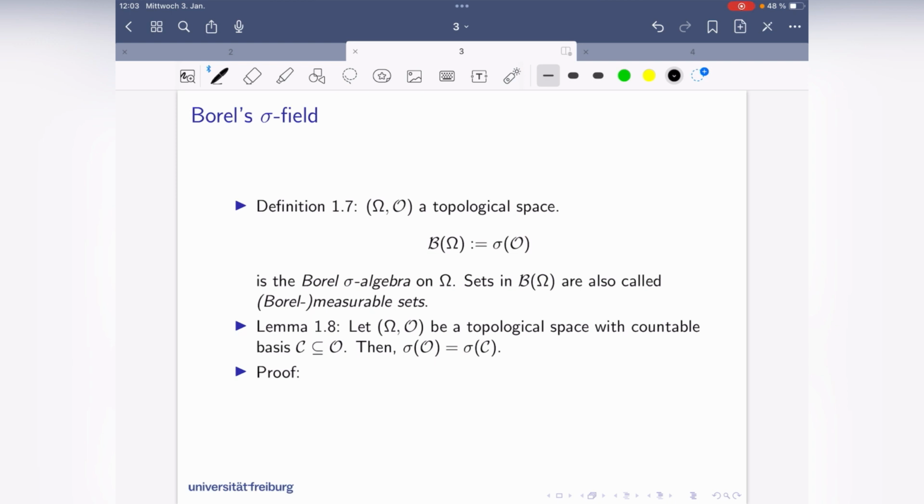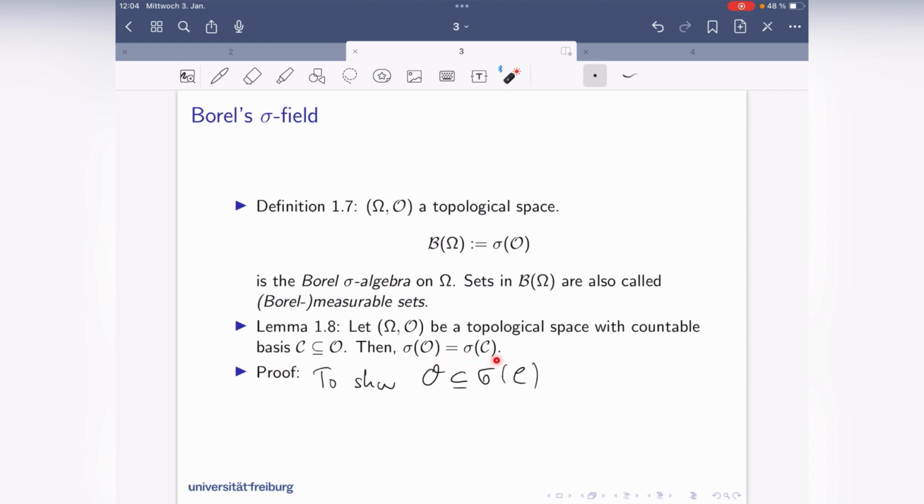And for this, I need to show that O, the topology itself, is a subset of sigma of C. Why is that enough?